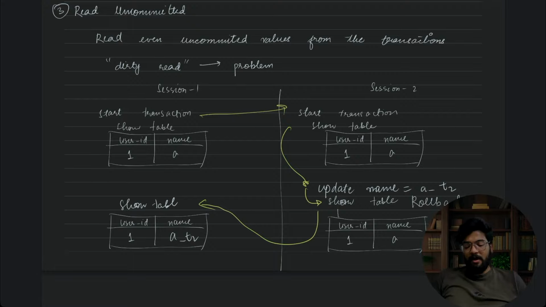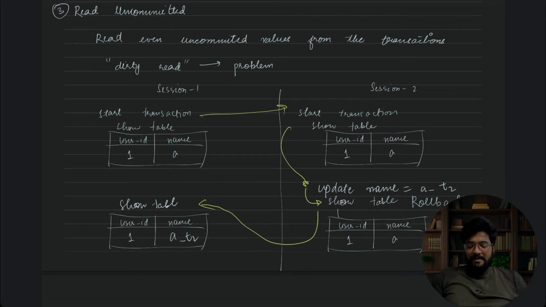This can be a bit problematic, because if we are doing some kind of query or processing on this table, we'll be using the name A_T2. But in session 2, for some reason, there can be a rollback, and we'll go back to the name A. Yet we'll have been doing all the processing with A_T2, which is going to cause the dirty read problem.